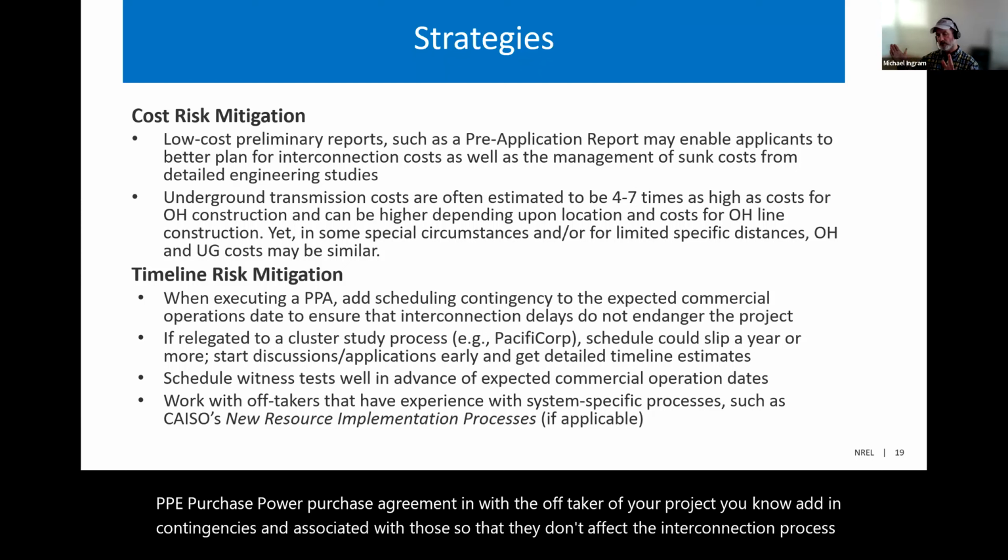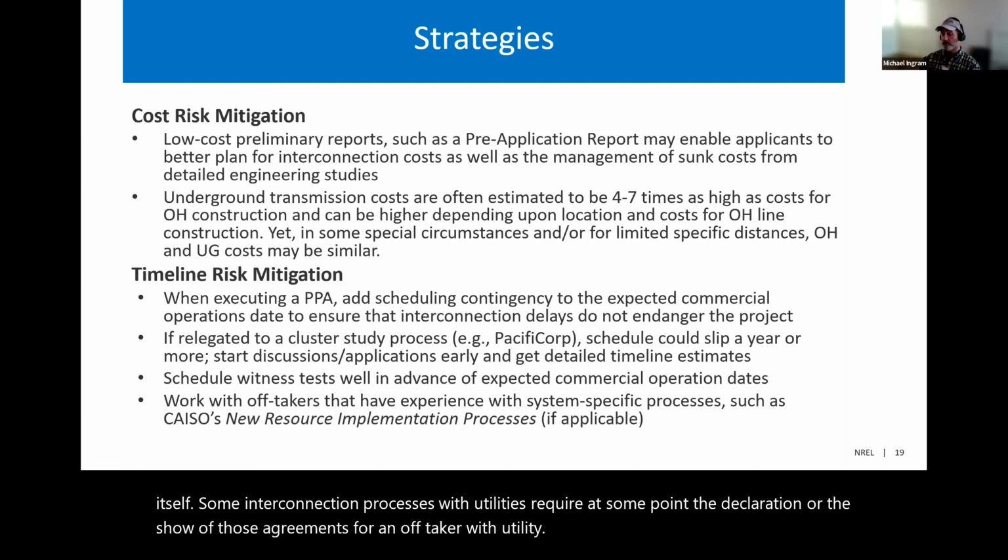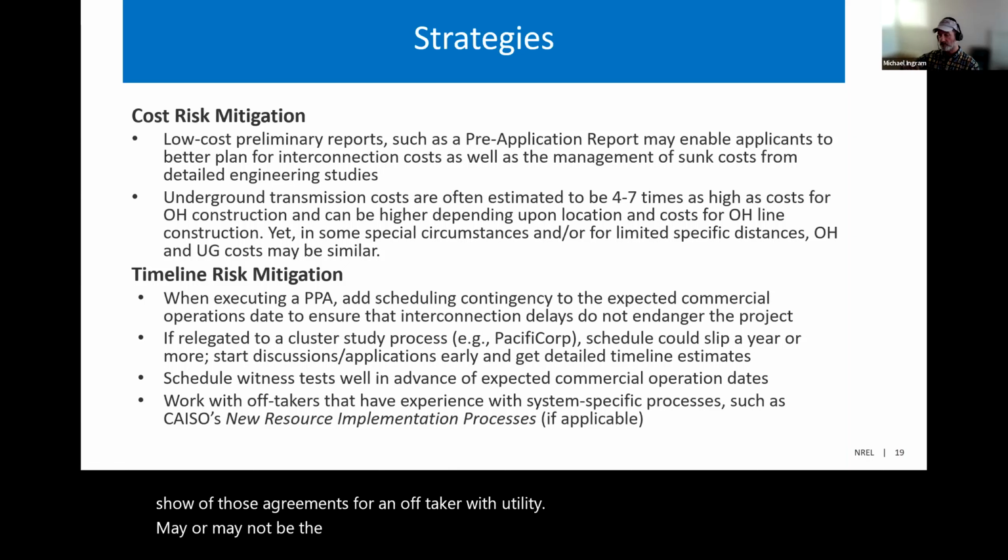Some interconnection processes with utilities require, at some point, the declaration or showing of those agreements for an off-taker, because the utility may or may not be the off-taker. There needs to be a customer that can cover that energy.